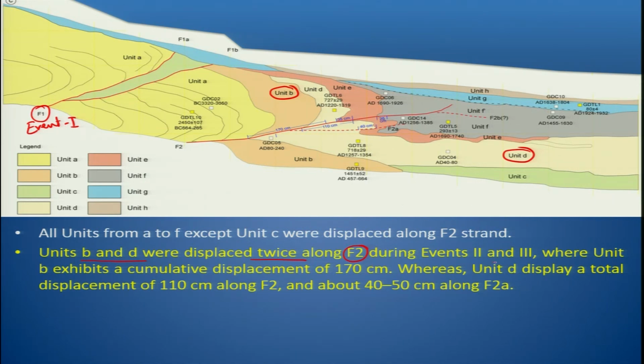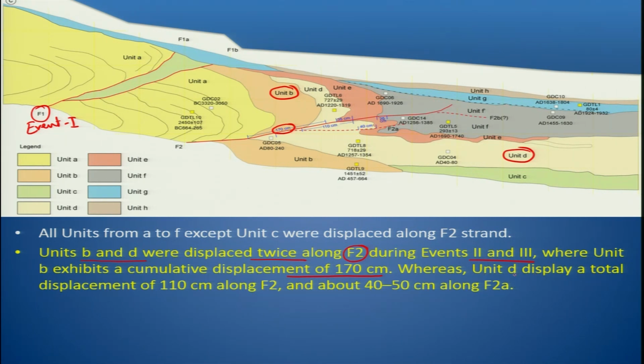Now we are talking about event 2 and 3. So these two units were displaced twice, and they show a cumulative displacement of 170 centimeter. This is what comes here, 170 centimeter.